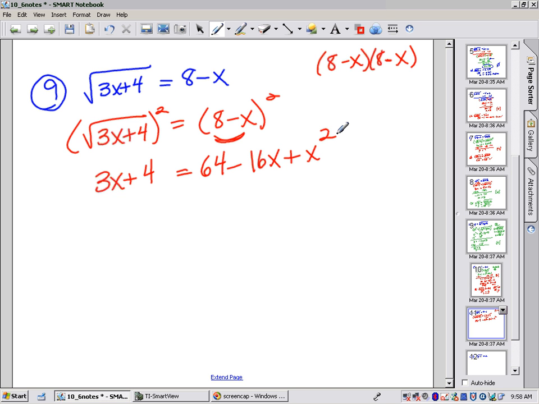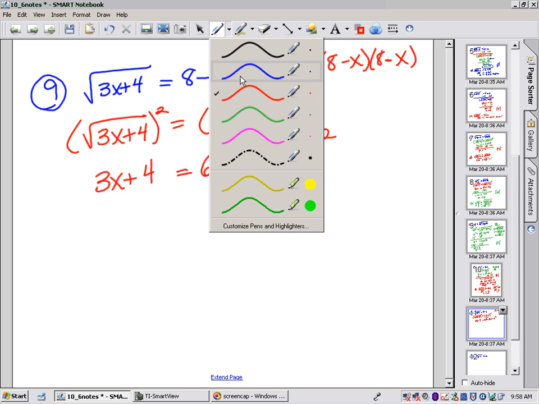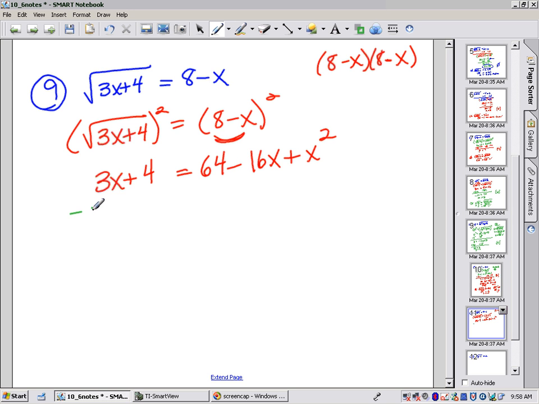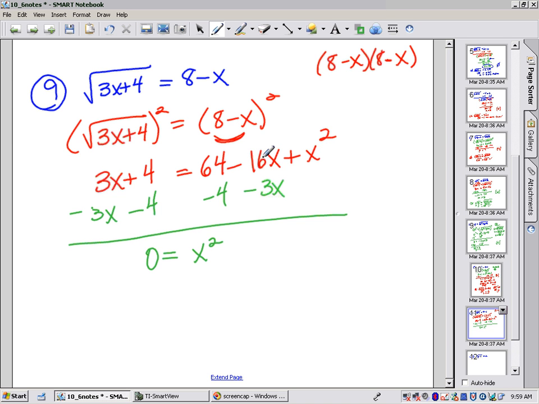So again, we have a quadratic equation to solve. We have to set it equal to 0. To set it equal to 0, we can subtract 3x from both sides and subtract 4 from both sides. I'm lining up my like terms on the right side, so I'm going to rewrite it in standard form with the variable term first. That would be x squared minus 19x, and then 64 minus 4 would be plus 60. This time we have to look at what are the factors of 60 whose sum is 19.